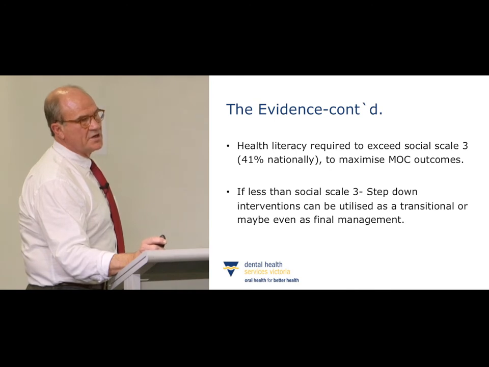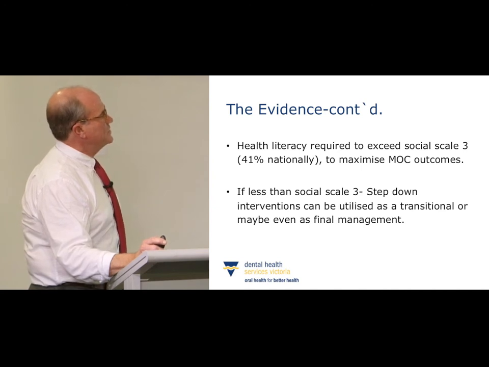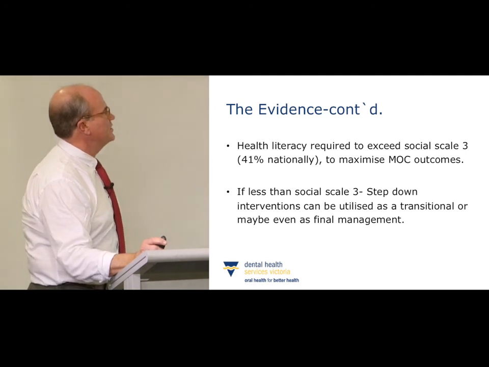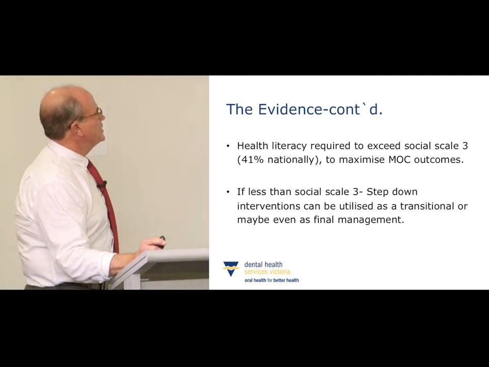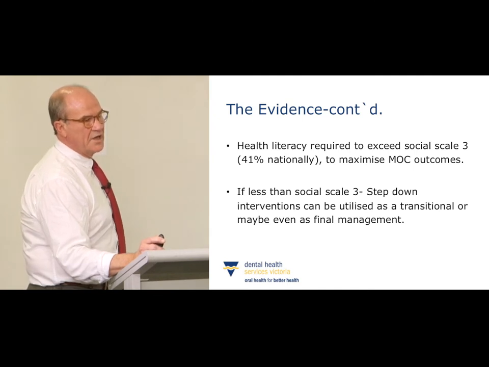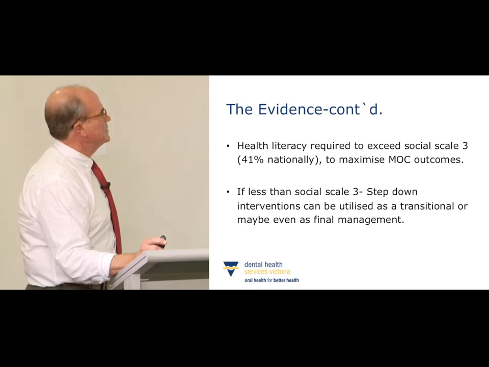That's where you're looking at health literacy, to raise it to 3 or above, to realise the outcomes of your model of care or to improve the outcomes. At the moment it's only 41% nationally, and I think we owe it to our communities here in Victoria to raise that health literacy, to understand what's going on, to understand their body, to understand their mouth.